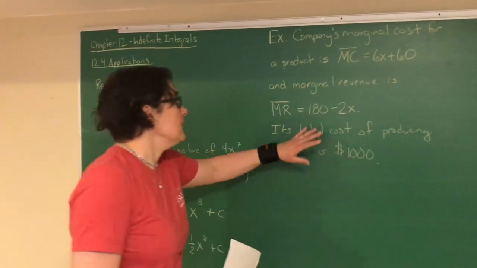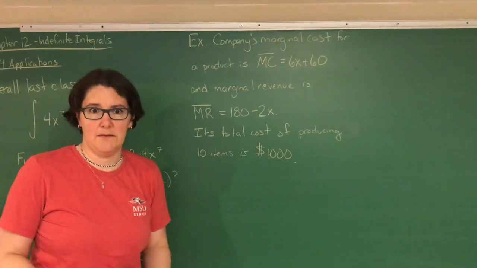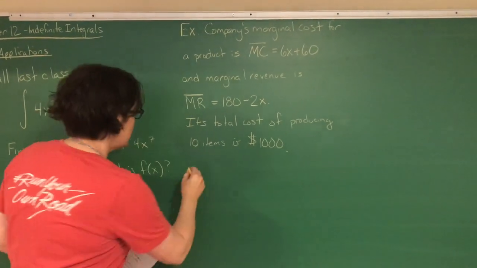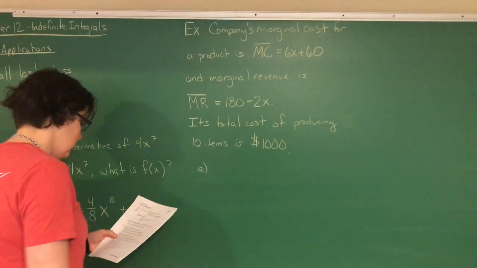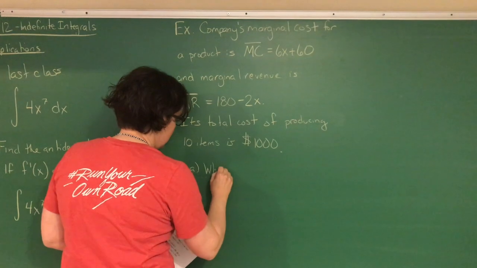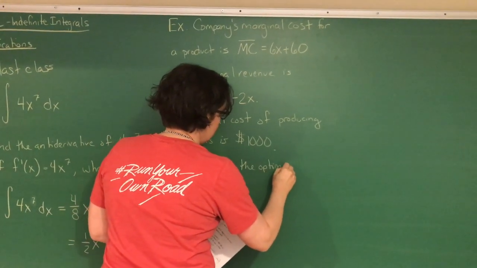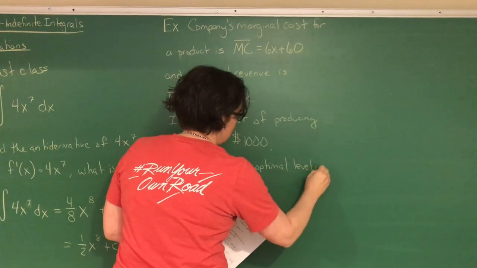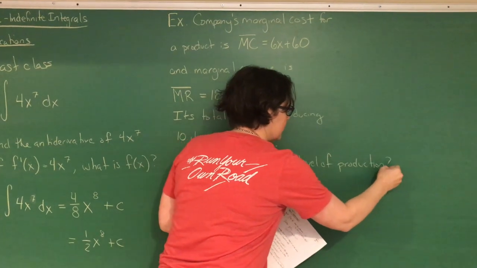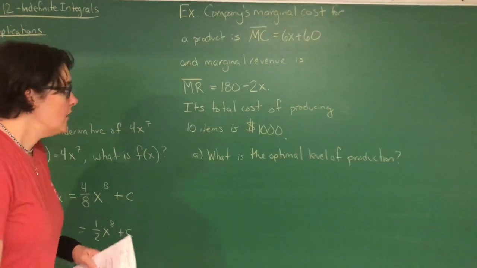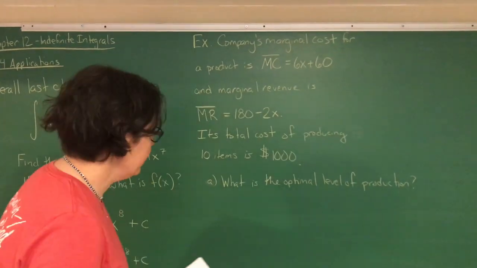Okay, so in this example, we're given a marginal cost and a marginal revenue and this one extra piece of information. So the first question that we are going to ask, and maybe we'll call this part A, is: what is the optimal level of production?